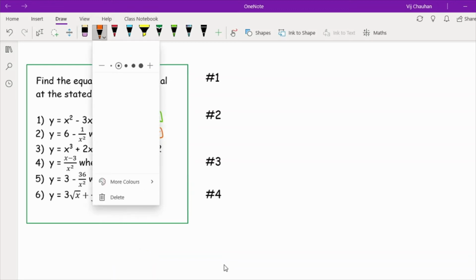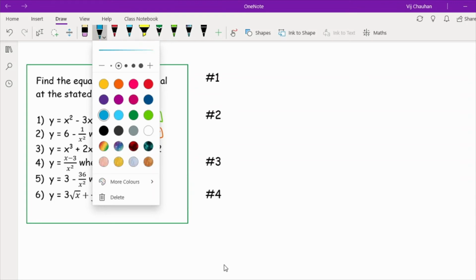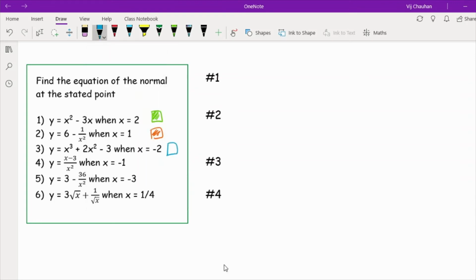So moving on to our next example, let's go for blue. Again, no fractions involved in question 3 and no square roots, so I can go straight into working out what my dy/dx is going to be, which in this case is 3x squared plus 4x.